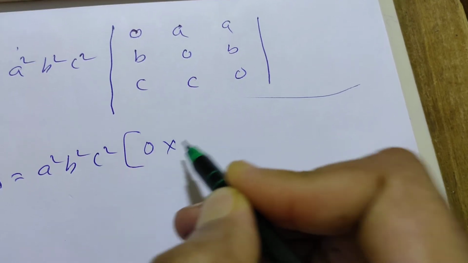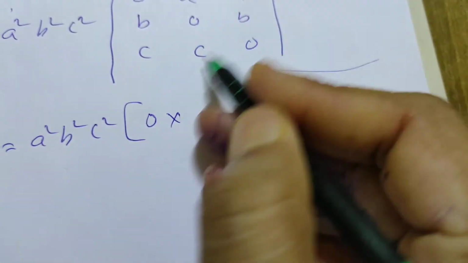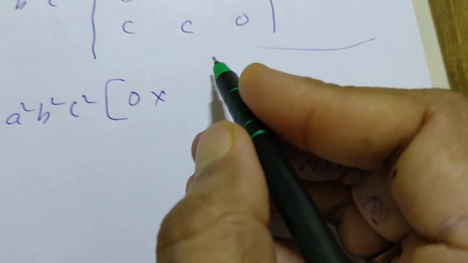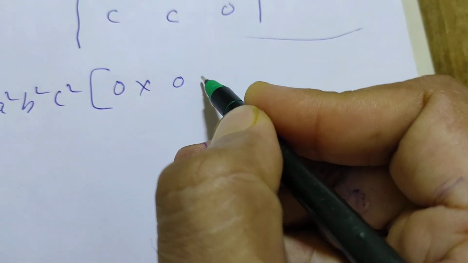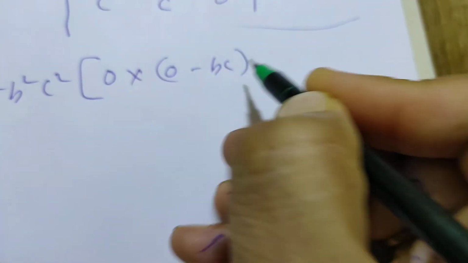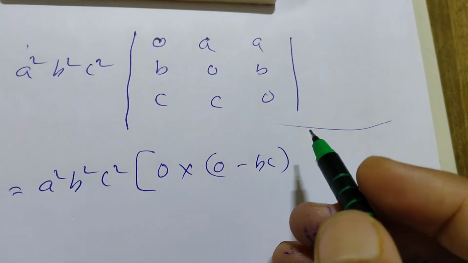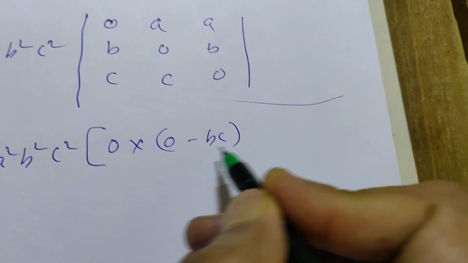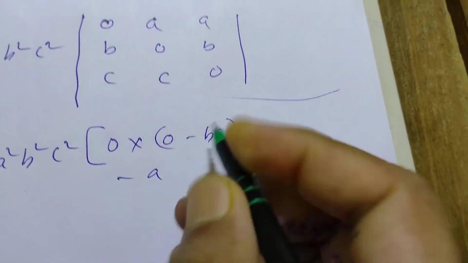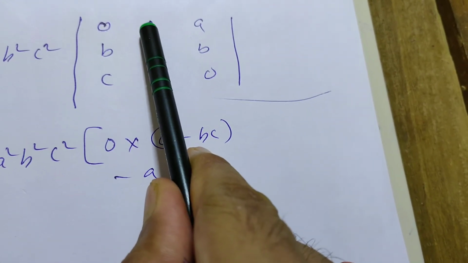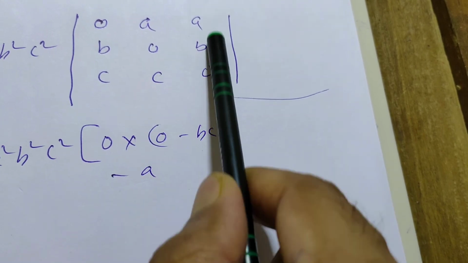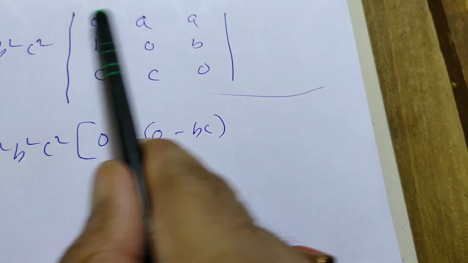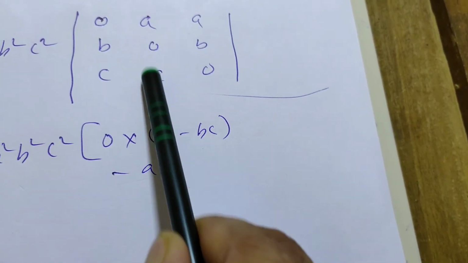So 0 into this, if we expand it, that will become 0 into 0 minus bc. So already I have taught you how to expand and determine 0 into 0 minus bc. So minus a into, when we are taking this element minus a, multiply with the elements which are not in the row and the column in which a lies.